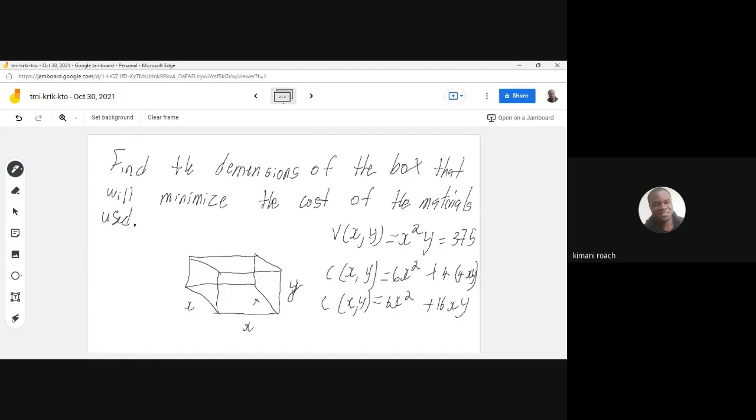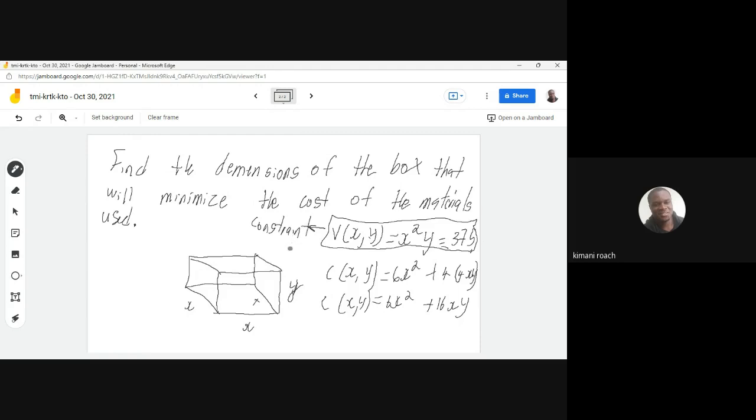Now, notice that while we want to find dimensions to minimize the cost, the volume of the box must be 375 cubic centimeters. And hence we're finding dimensions subject to some constraint.